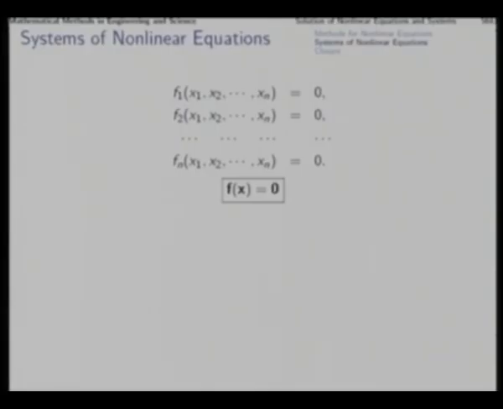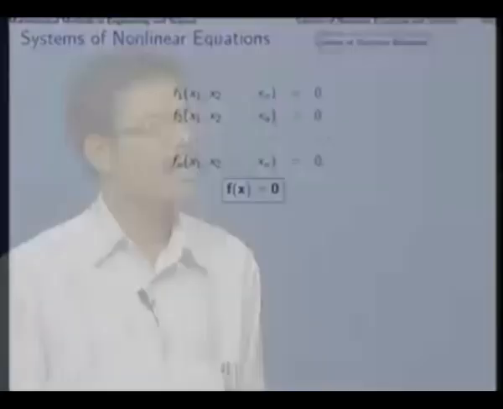Now, in general, it could be that the dimension of x is greater than the dimension of f, or the other way around. If the dimension of x is greater, that means you are trying to solve less number of equations in more number of unknowns. That is an underdetermined problem, and you would expect infinite solutions if there are solutions at all. If the system is consistent, then you would expect infinite solutions.